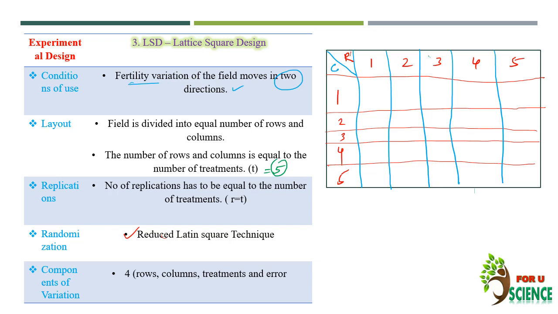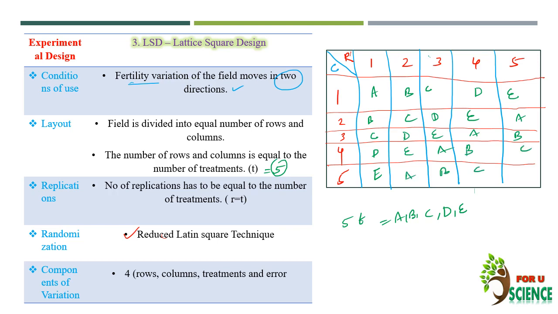Suppose there are 5 treatments: A, B, C, D and E. Firstly we allocate them as A, B, C, D, E; then B, C, D, E, A; then C, D, E, A, B; and so on.